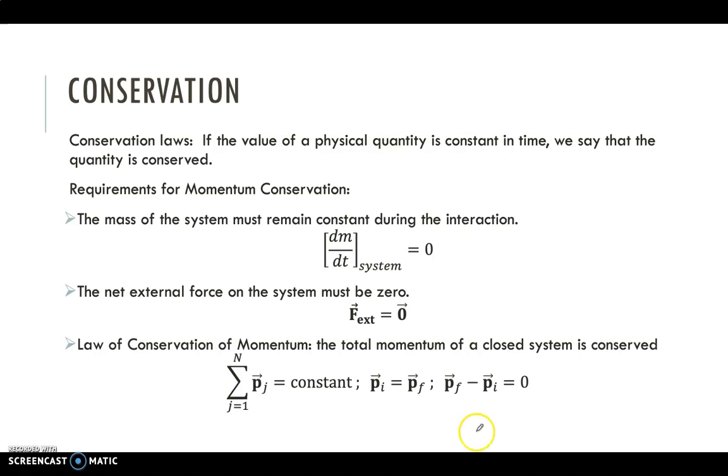That's what is meant by conserved. The total momentum does not change. It'll still have the same total momentum. So we can also say that the final momentum minus the initial momentum is equal to 0.